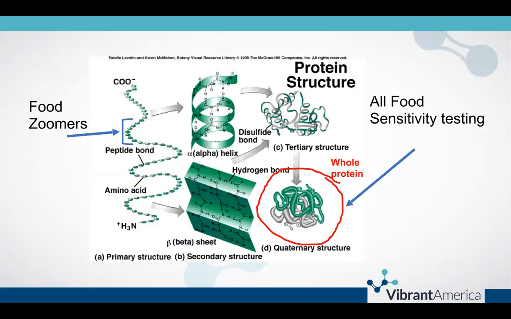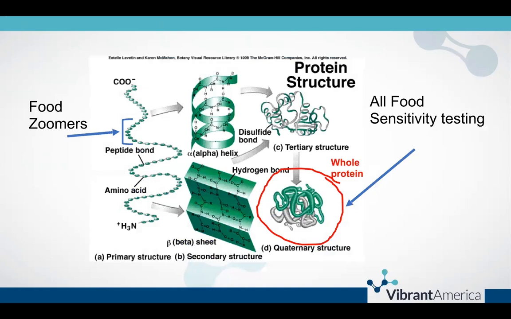So what you're getting with the food zoomers is absolutely the entire thing, whatever the food that's being tested, every possible combination of amino acids in it that could be presented to your immune system during and after digestion. What you get with food sensitivity testing is basically just the entire whole protein in that form, and because it's extract technically, which means it includes the whole protein, but it's got little bits and pieces of other things.